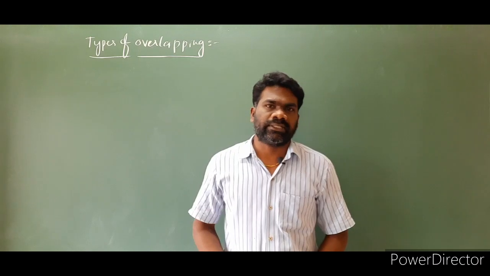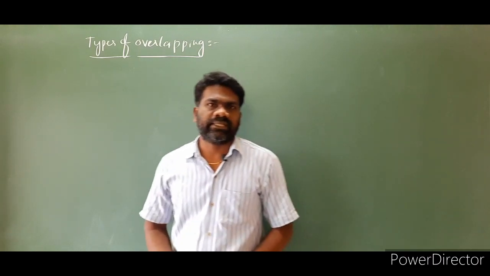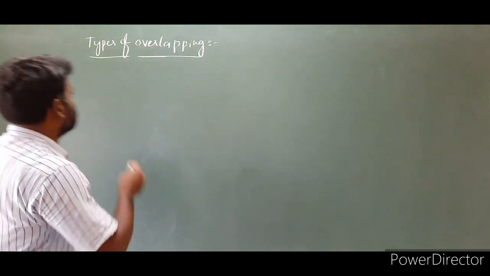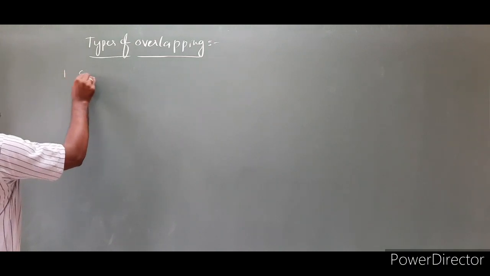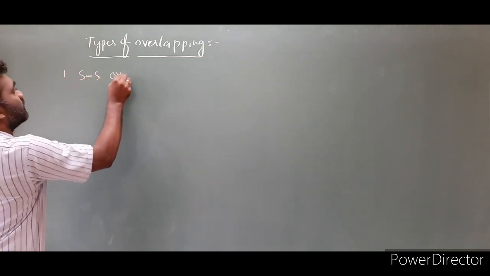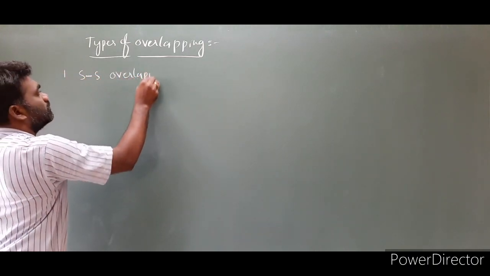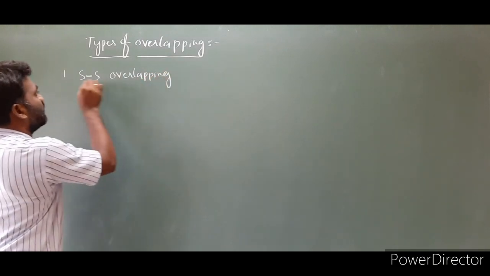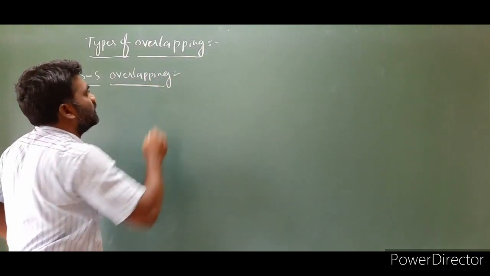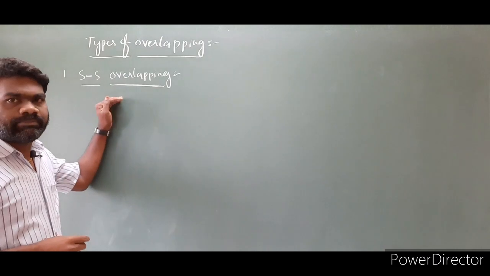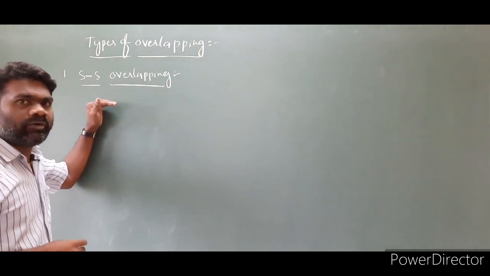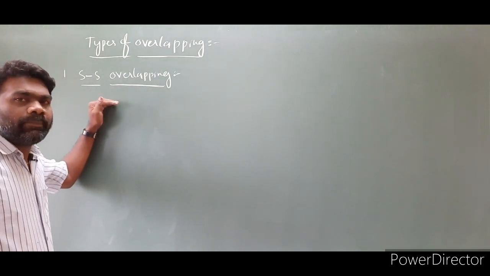Now let us discuss one by one in detail. The first one is SS overlapping. Let us write it. This overlapping takes place between half-filled s orbitals of two approaching atoms.